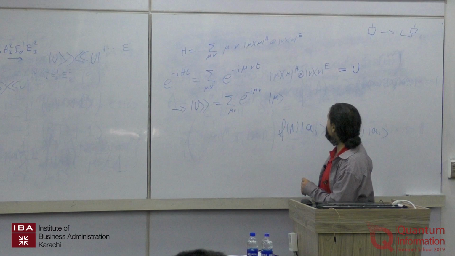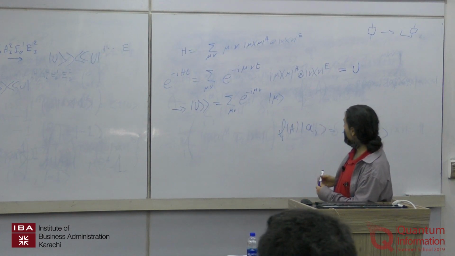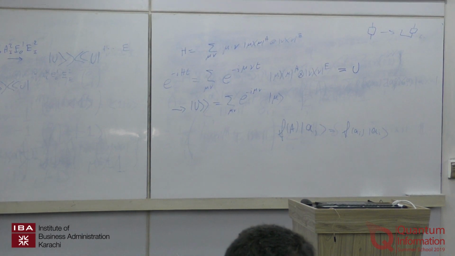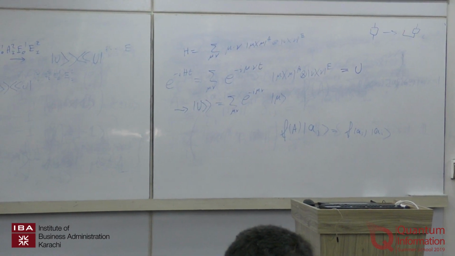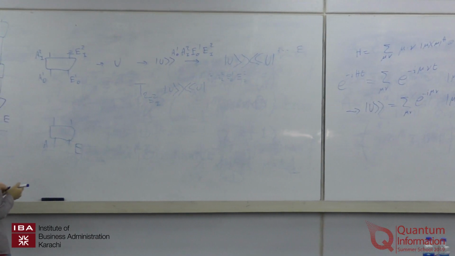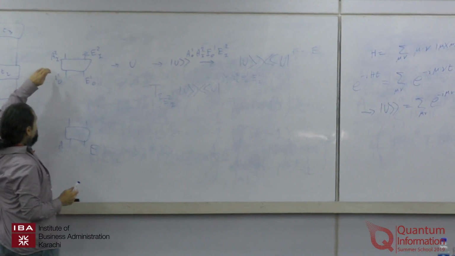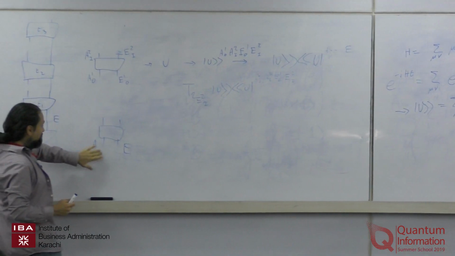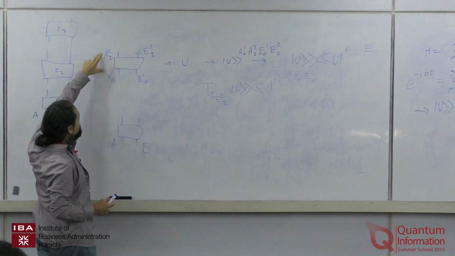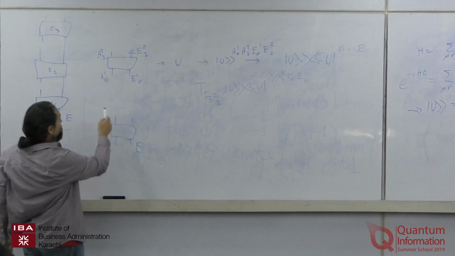I know it can be a little confusing because labels are changing. Before, when we're thinking of these objects as operators, we were using the same label for the input and the output. But now when you turn them into states, we really want to distinguish the input from the output. So instead of saying this is A and this is A, we say this is A1 output and this is A2 input, and so on.